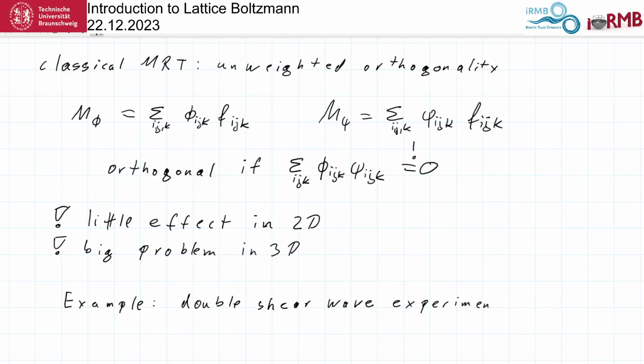So I designed a particular experiment. It looks a little bit strange, it's a double shear wave experiment. This is designed to show the problem that occurs here. It is a problem where the Navier-Stokes equation has an analytical solution, because it's a very simple flow.